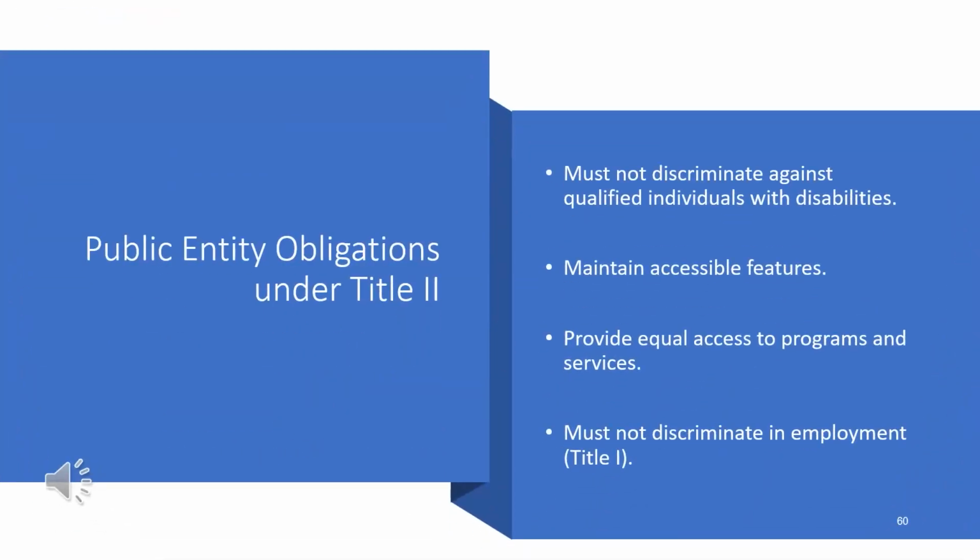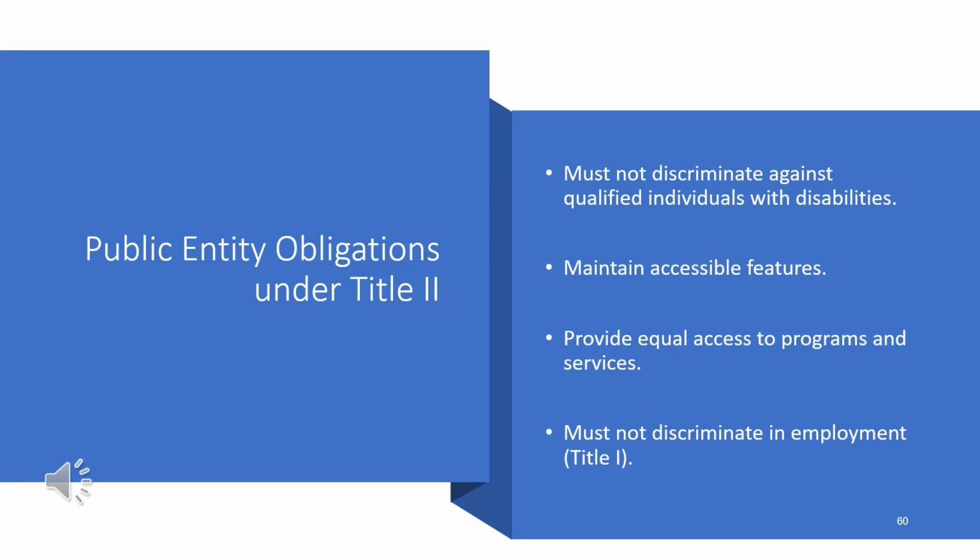Finally, we'll just summarize a few things that we reviewed in this ADA module and hit the highlights again before we say so long. A public entity must not discriminate against qualified individuals with disabilities. A public entity must maintain accessible features and provide equal access to programs and services.